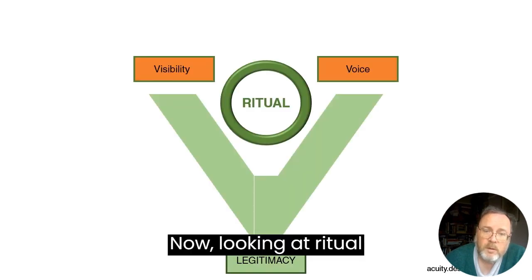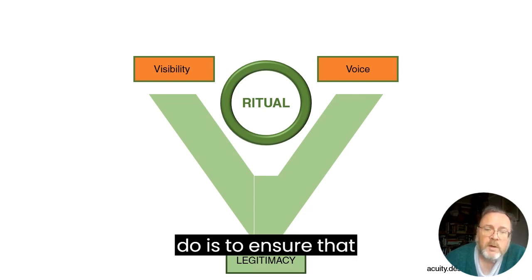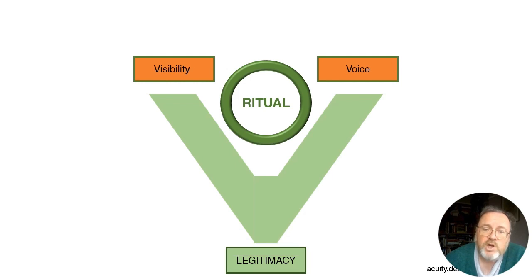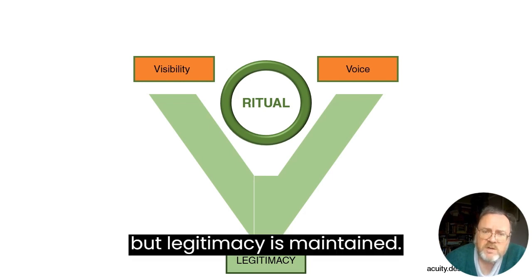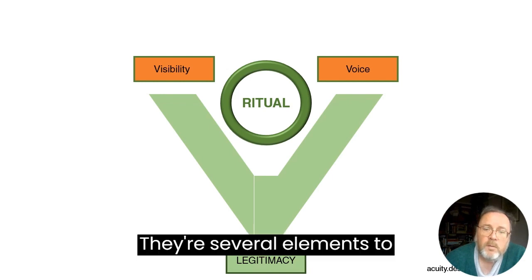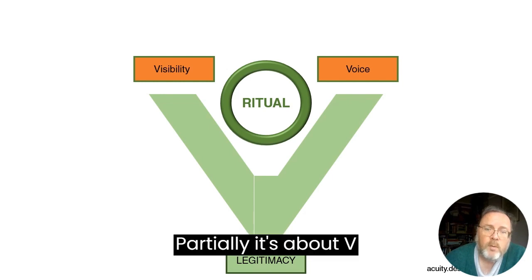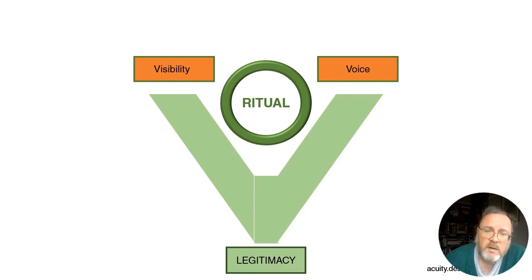Now, looking at ritual design is interesting, and what rituals generally attempt to do is to ensure that things change, but legitimacy is maintained. There are several elements to rituals. Partially, it's about visibility.